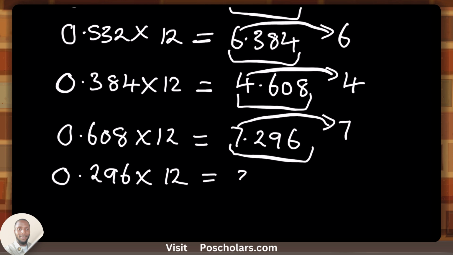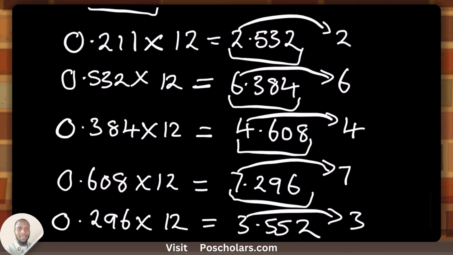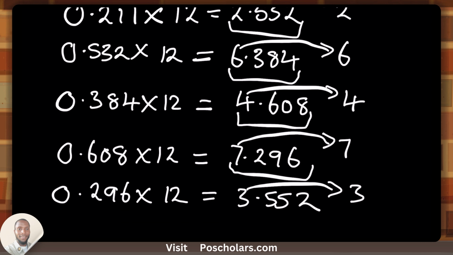We have 3.552. We are interested in the whole number part, which is 3. Now, looking at this, you will see that the numbers we are extracting won't terminate. It's called a recurring decimal. So we'll just stop here because you can continue up to infinity.